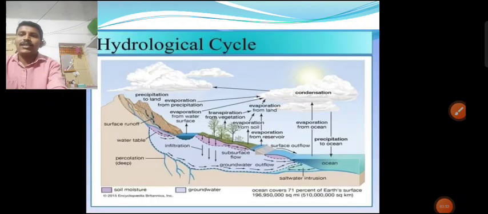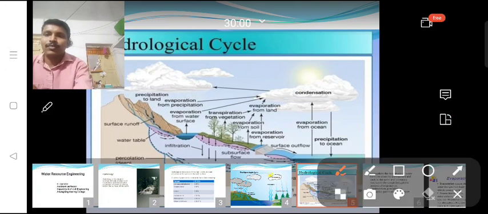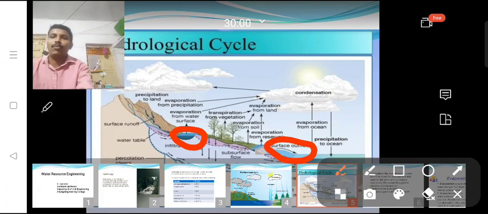The evaporation occurs from the water bodies. Water available on the earth surface in the form of rivers, lakes, oceans, ponds, etc. The water is evaporated from the water surfaces.